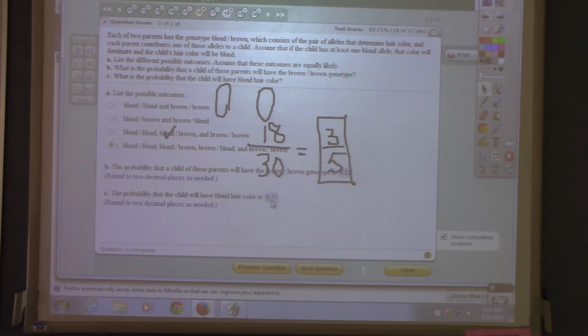I put .33. What was it? Let's see, the probability that the child will have blonde hair. We also put C on the first one. That's not the problem I did. No, it's not. I don't understand. White, blonde, and red. There it is. That's not it either, because it doesn't have my answers. Where is my problem?